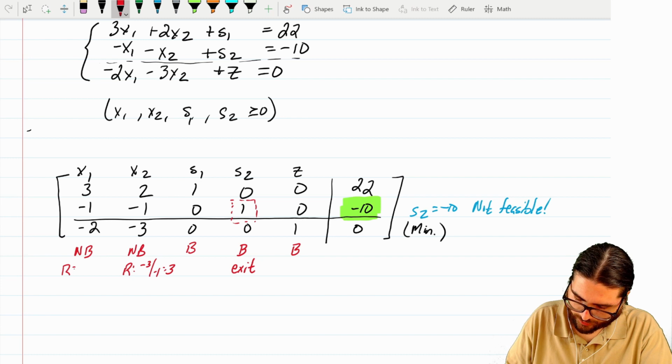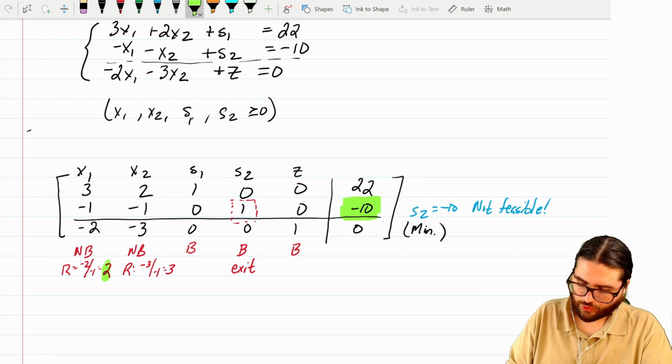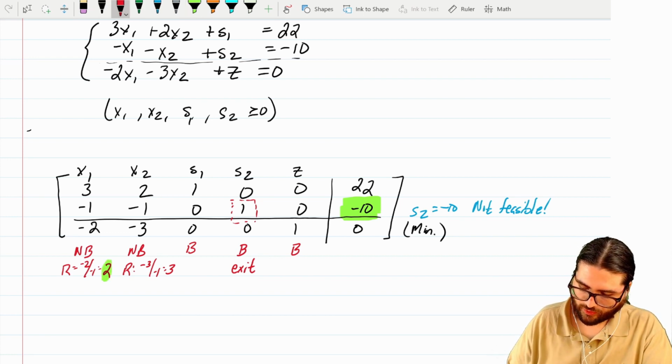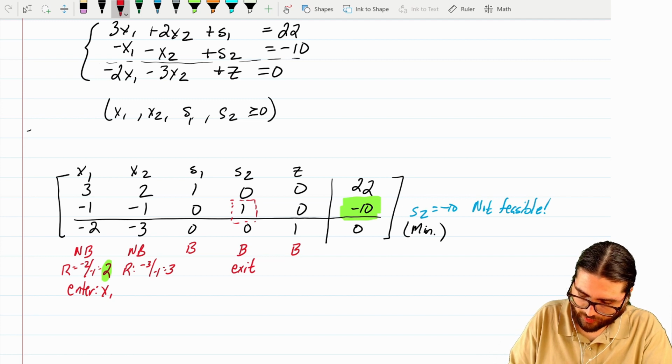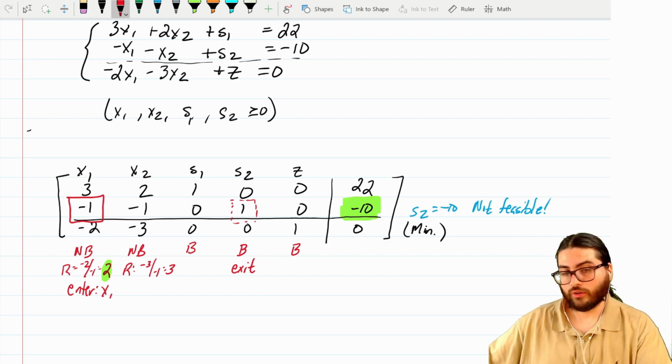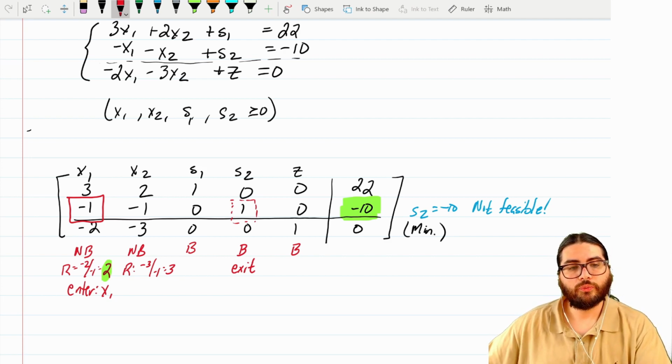My ratio here is 2. I always pick the smallest positive ratio, which means my entering variable is x1, and my brand new pivot is right here in this position. So when I go to the matrix of the computer, that will be my first pivot position. See you over in the computer.